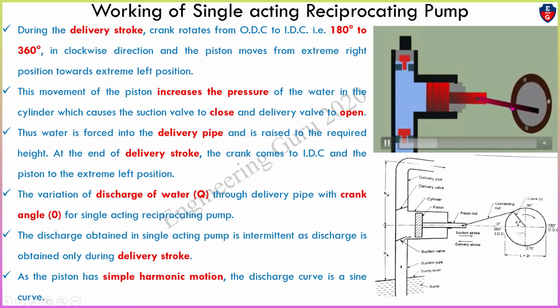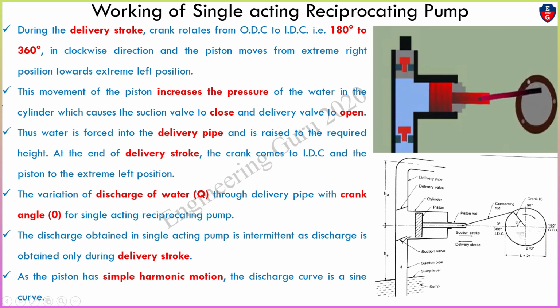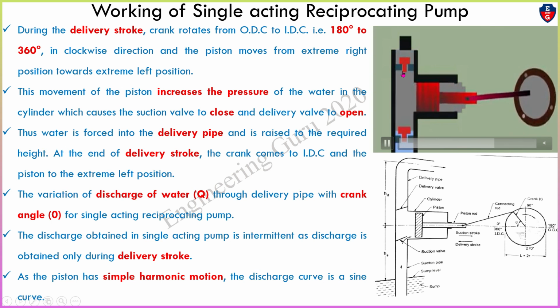So this is from IDC to ODC. Whenever the crank moves like this, pressure is generated and water enters. Whenever the crank goes from ODC to IDC, the valve opens and water will pass through the delivery valve to the delivery pipe. So this is the basic concept, or we can say the working, of a single acting reciprocating pump.